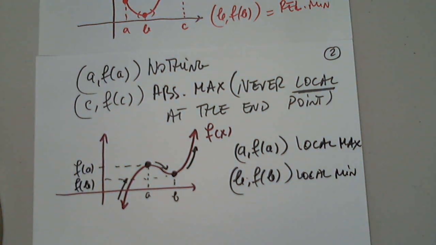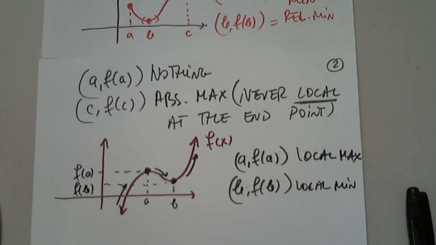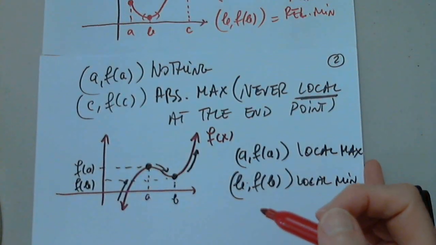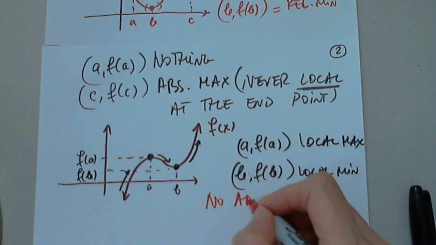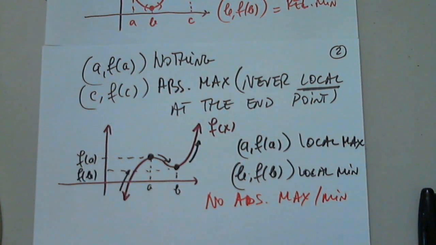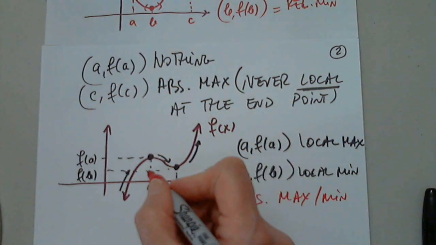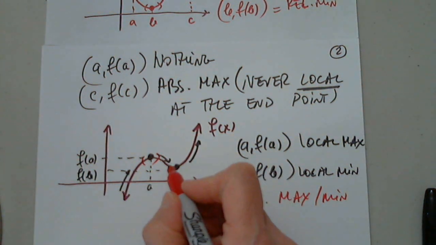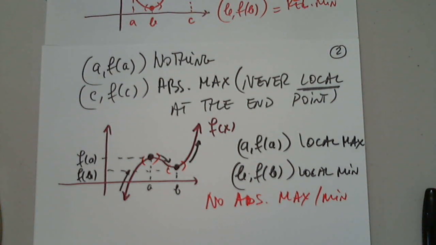What about absolute? Does this function have an absolute max or absolute min? No. No absolute max or min in this situation. This is a local max because I was able to show the open interval around the point.